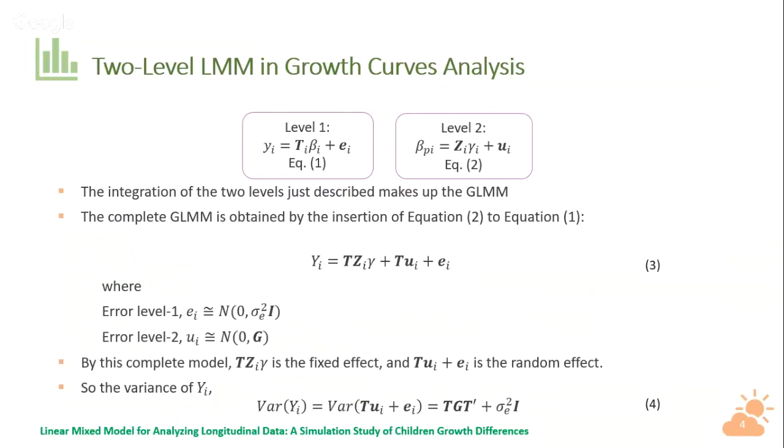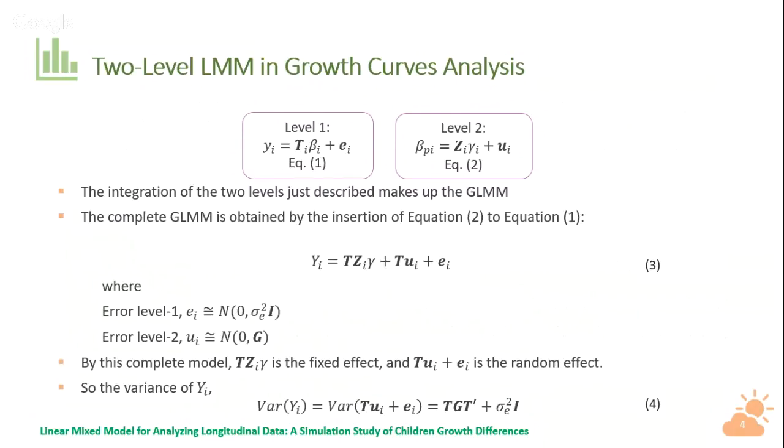Since within subject we realize that there are correlated values, because the subject is measured repeatedly from the first year, second year, third year until the fifth year, we can no longer assume that the variance within subject is constant.